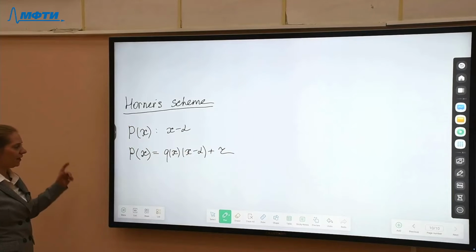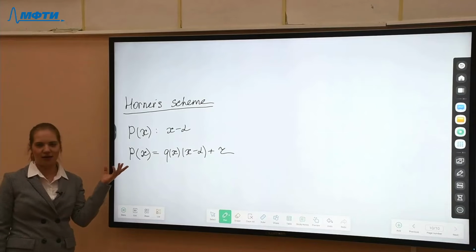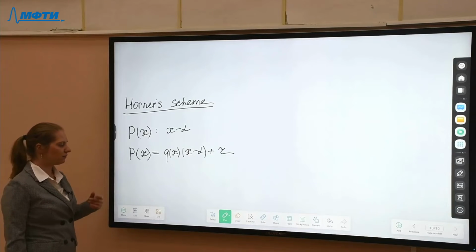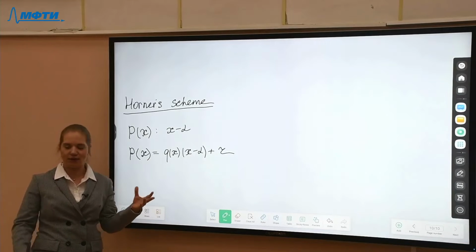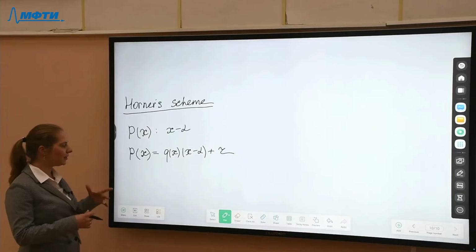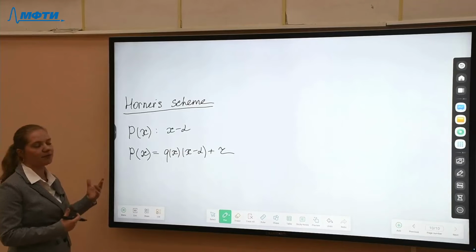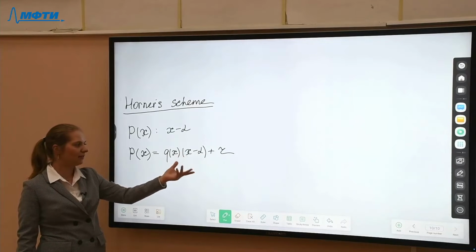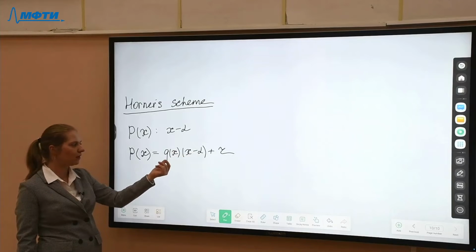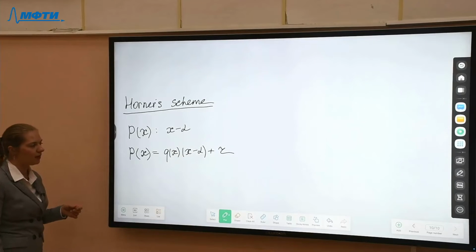And if the degree of p of x is n, of course, the degree of q of x is n minus 1, because finally, we need to get the same degree as here. Here we have x, so the degree of this polynomial is 1, so here we need n minus 1.